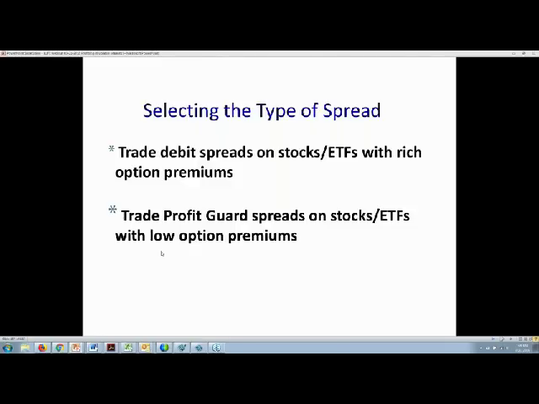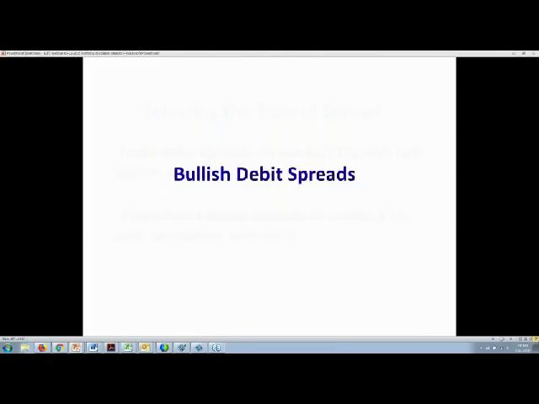So we trade both in our portfolios, and we like to use the debit spreads on stocks with the richer option premiums, because it makes more sense: you're short a call option, and if that call option has a lot of premium in it, you're going to profit. And with the profit guard spreads, we're buying a put option to protect our call option purchase. So we usually will trade the profit guard spreads on stocks with low option premiums.